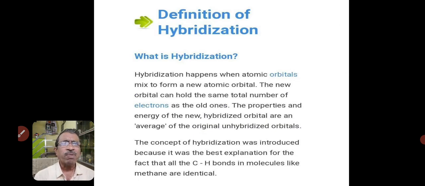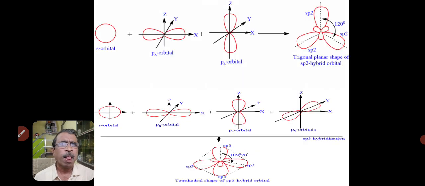Now these are some slides that show, in other ways, whatever we have discussed so far. Here it is shown by a definition: what is the definition of hybridization? This slide shows the overlapping of s and p orbitals, resulting in hybridized orbitals where one lobe is bigger in size and the other lobe is smaller.